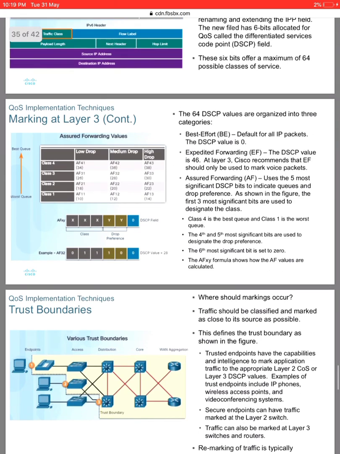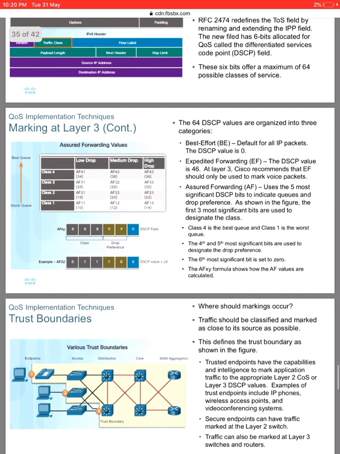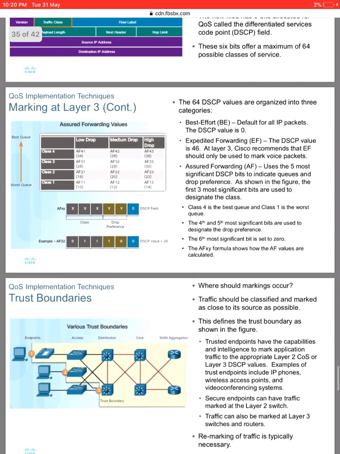So that is the 0 value in DSCP. Then expedited forwarding or EF, the DSCP value is 46. At layer 3, Cisco recommends that EF should only be used to mark voice packets.